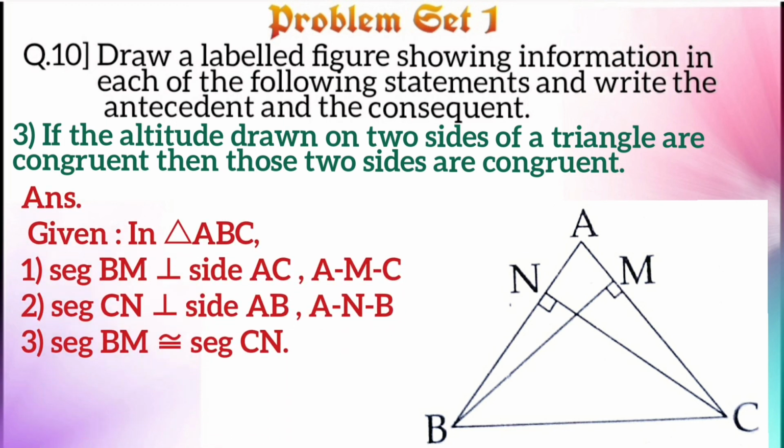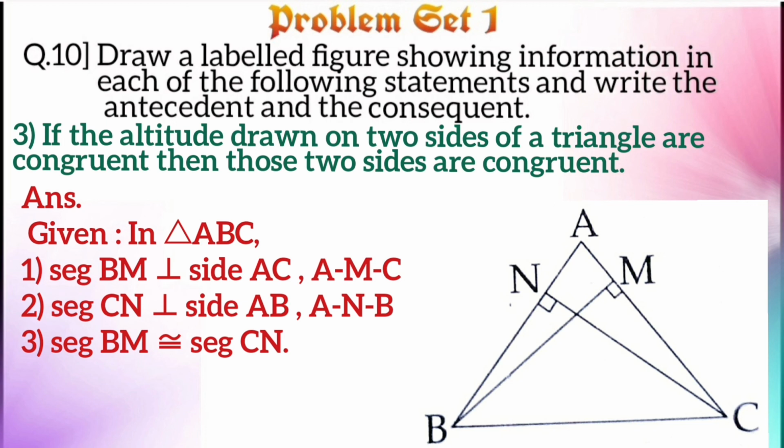In triangle ABC, first, seg BM is perpendicular to side AC, that is A-M-C. There is betweenness here, and BM is perpendicular to side AC. Second given is seg CN is perpendicular to side AB, that is A-N-B.